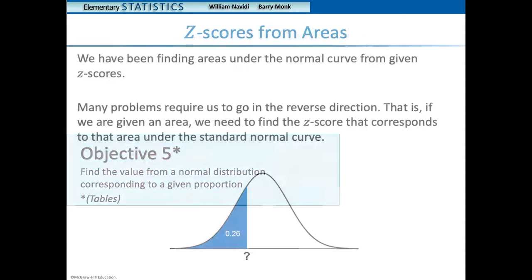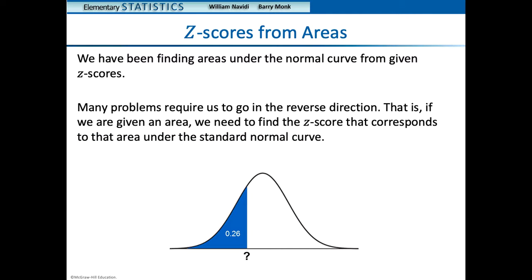Okay, in the examples we've looked at so far, we have used a z-score to find an area. Like in the application example relating to the length of a pregnancy, we started with a data value, converted that data value into a z-score, and used that z-score to find an area.